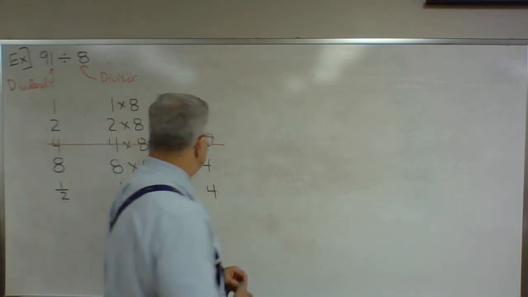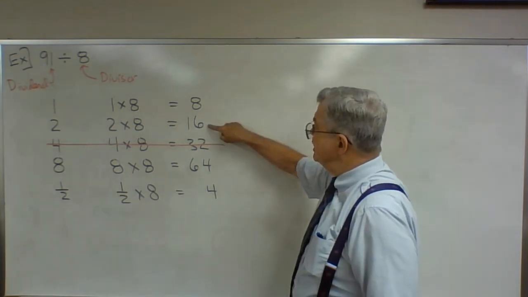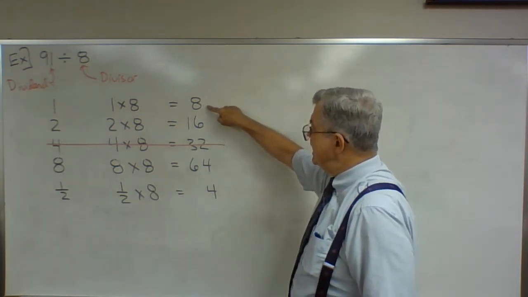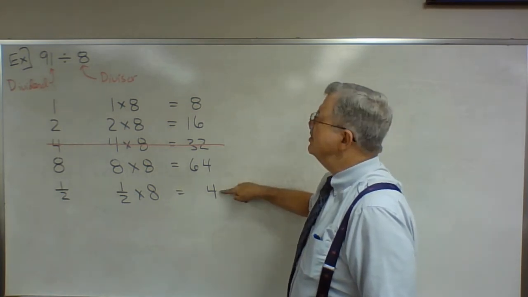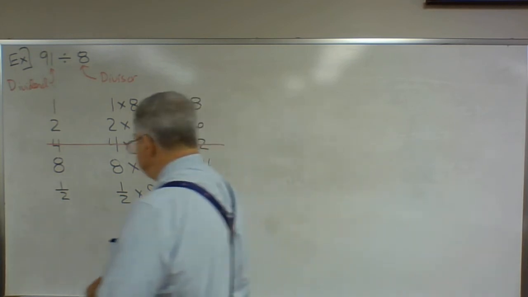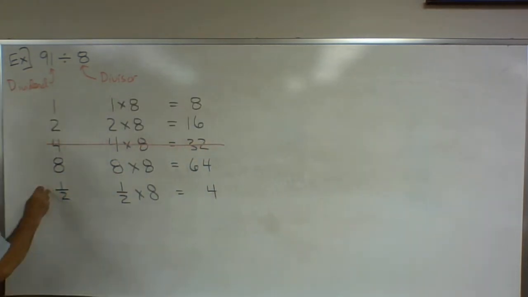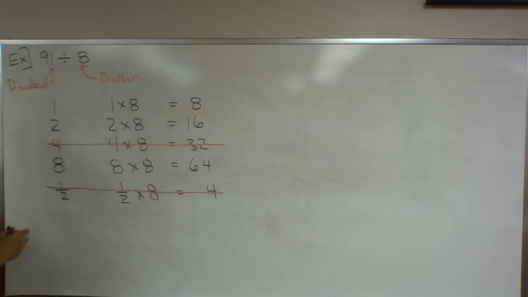Maybe this is just what we need. 64 plus 16 is 80, plus 8 is 88, plus 4 is 92. Oh, we just broke the bank. We got 92. This is too much. But we were close.